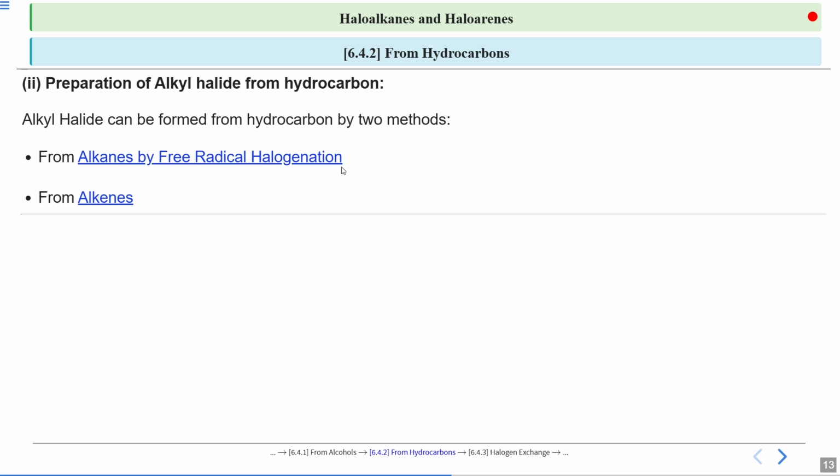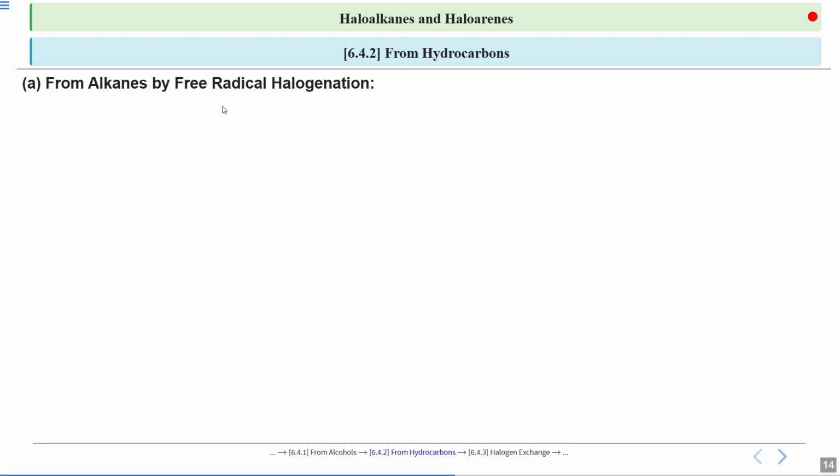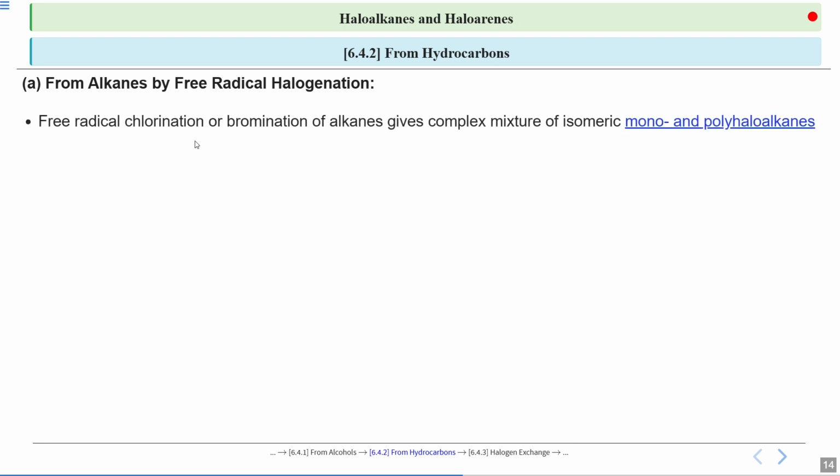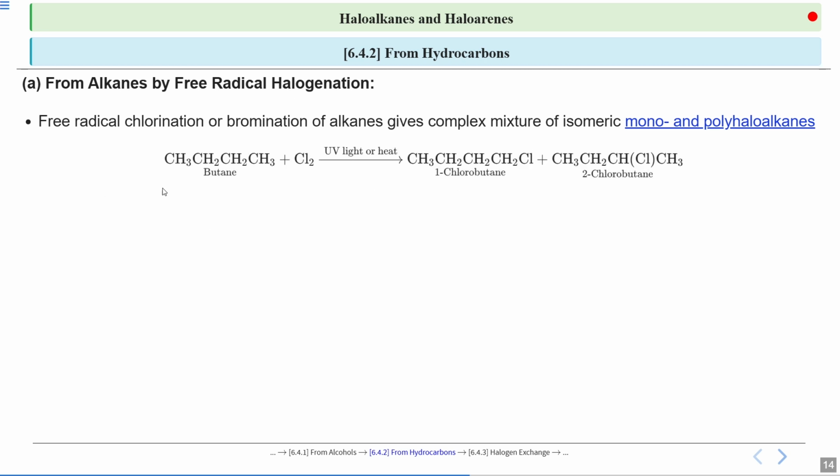Let's see this. From the alkanes by free radical halogenation: free radical chlorination or bromination of alkanes gives a complex mixture of isomeric mono and polyhaloalkanes. The reaction is as follows: if you take butane here, which is an alkane, and you react it with chlorine gas in the presence of UV light, or you provide heat to this reaction mixture, you get a mixture of 1-chlorobutane and 2-chlorobutane.